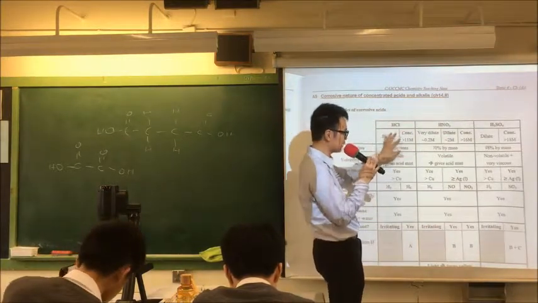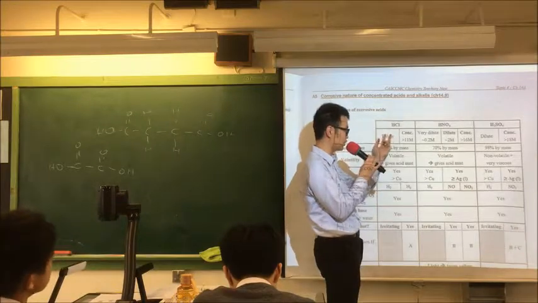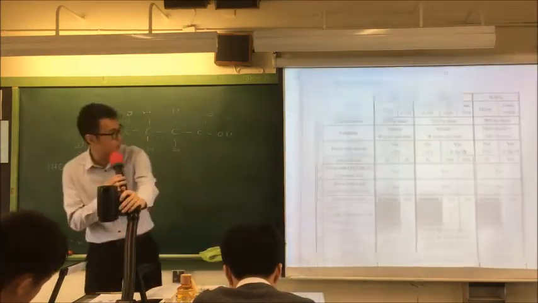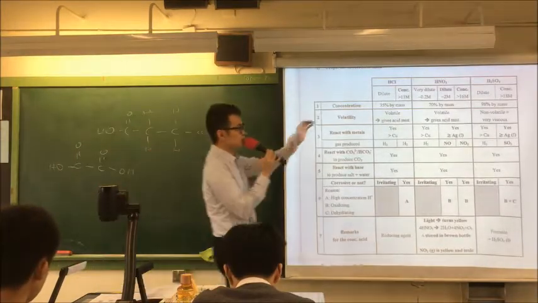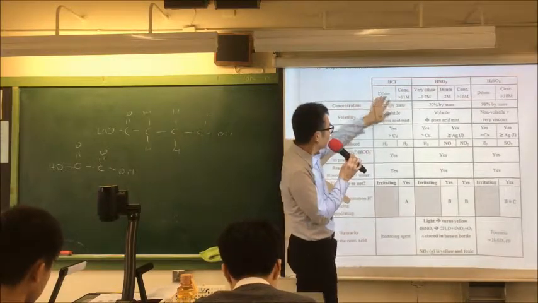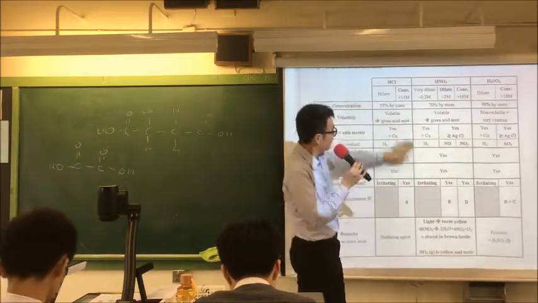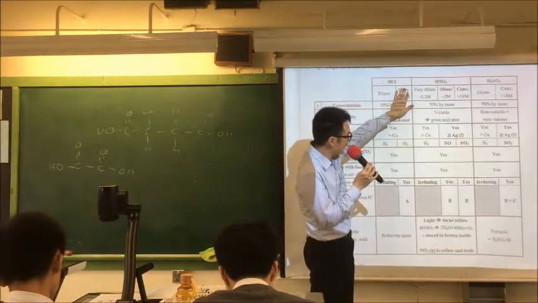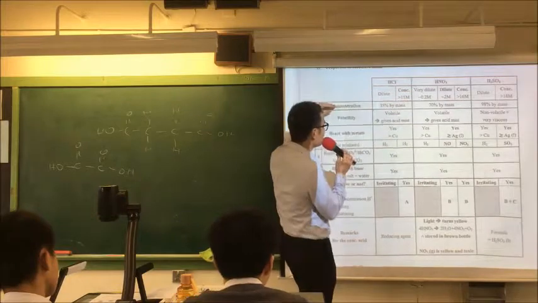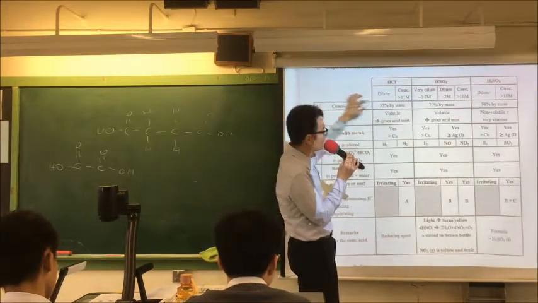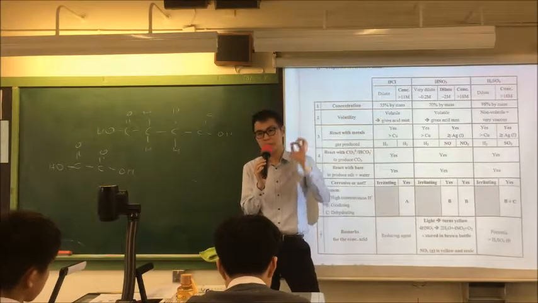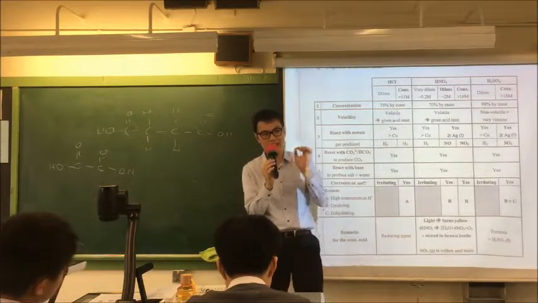For different concentrations, we usually divide them into two main types. I will go through it one by one. For hydrochloric acid, if we mention dilute HCl, we have this property. If we mention concentrated acid, we have this row. We are talking about the maximum concentration of that kind of acid.